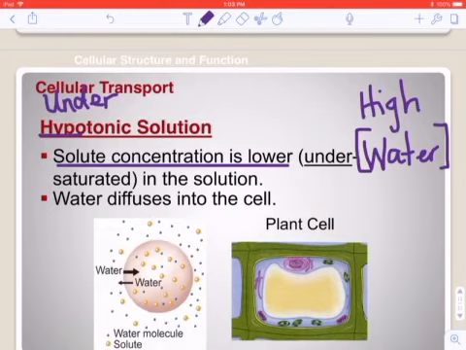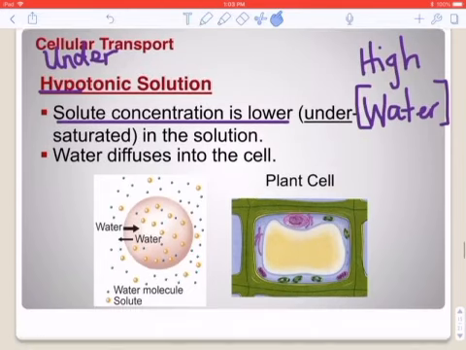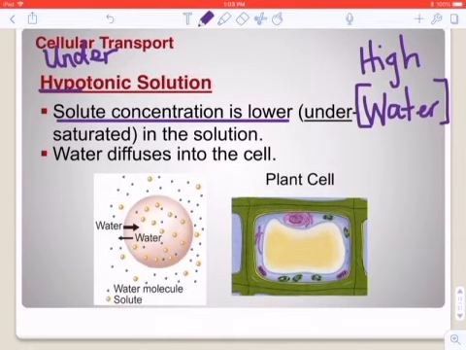So now let's take a closer look at our cell. Right, here's our cell. And now if you look inside this cell, you see far fewer water molecules and a lot more solute molecules. Versus the solution that cell is sitting in, you see a lot of water molecules and not very many solute molecules.